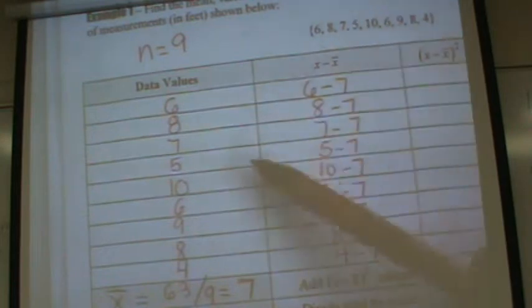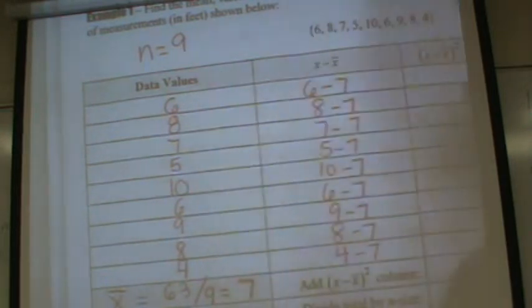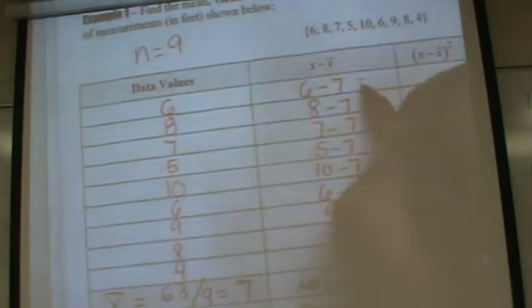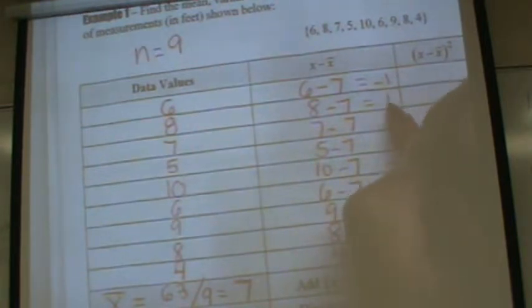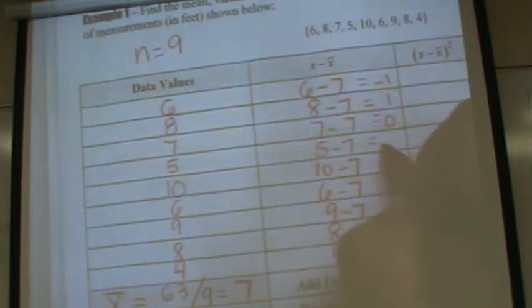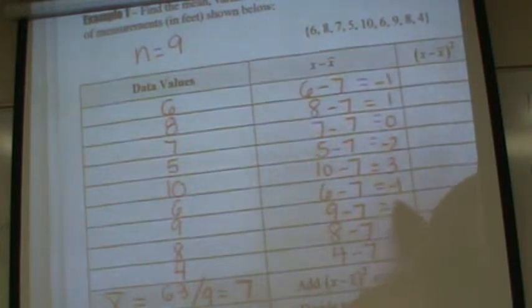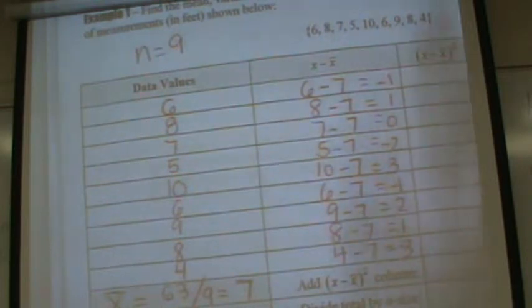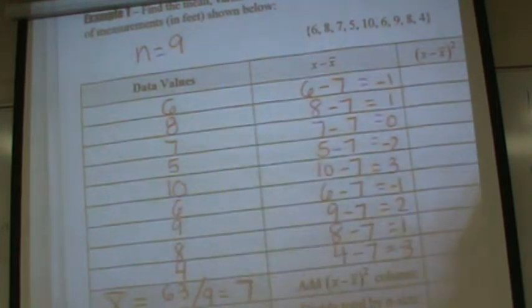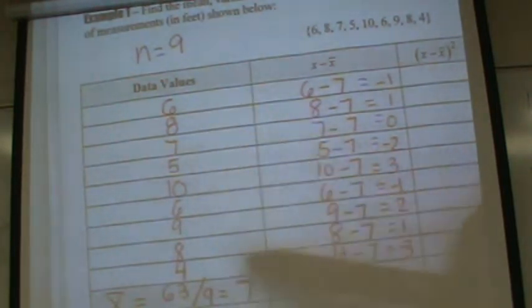You're looking at how far these numbers differ from your average. So you get -1, 1, 0, -2, 3, -1, 2, 1, and -3. This is how many units these data values are away from the average being 7.